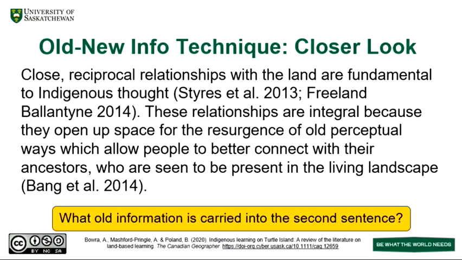So if we were to take a little excerpt from that larger paragraph, we can start to break it down in order to really see this old new information technique in action. So in looking at this, what old information would you say is carried into the second sentence?